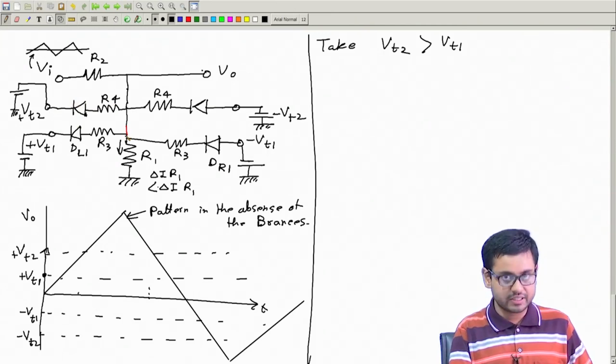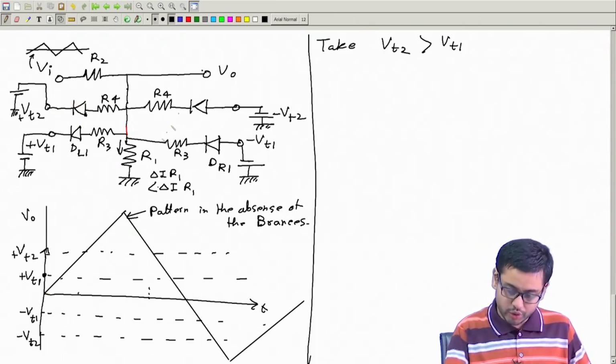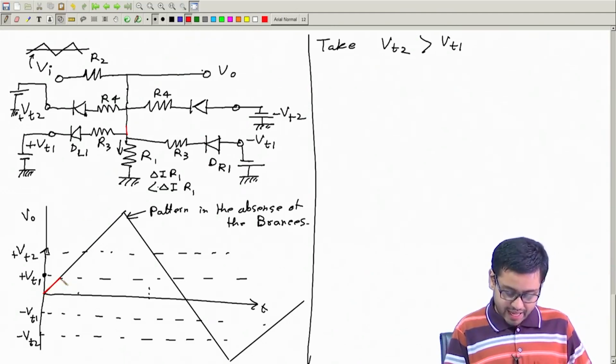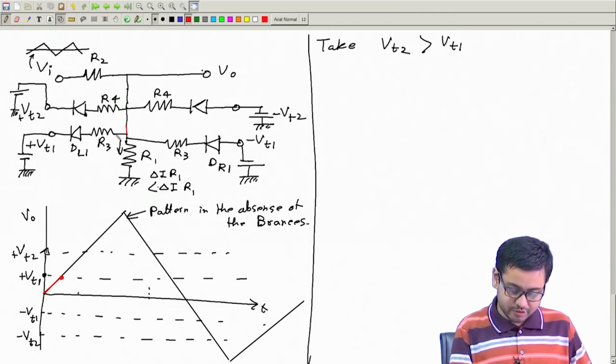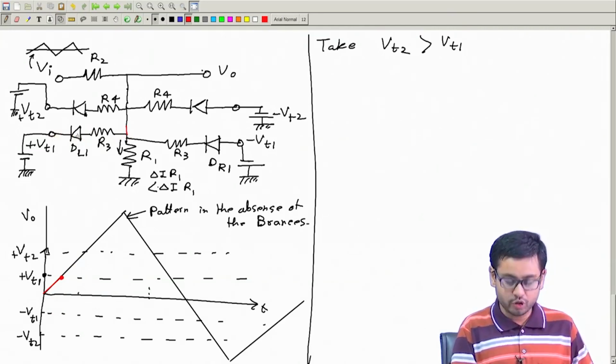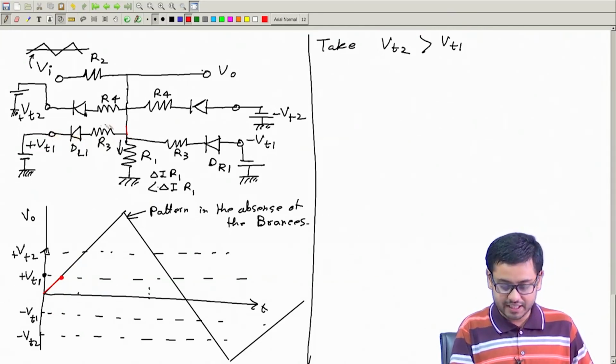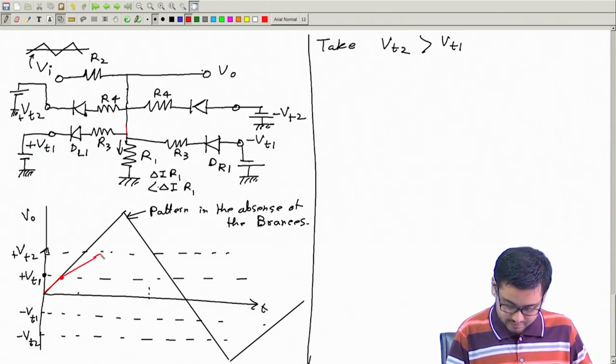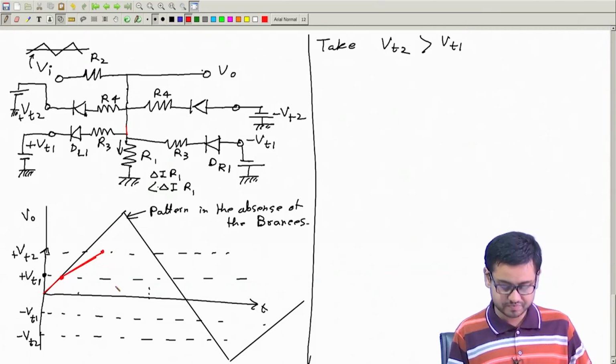Now this voltage will increase initially up to this point, and at this point this voltage will be more than this. So this diode will be forward biased, and this R3 will come in parallel with R1. Therefore, the rate of increase of voltage will be slower, and it will go like this.